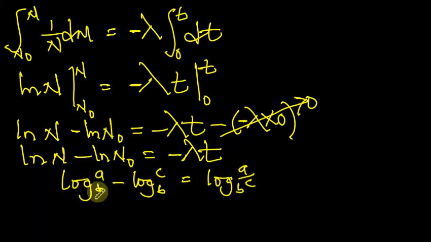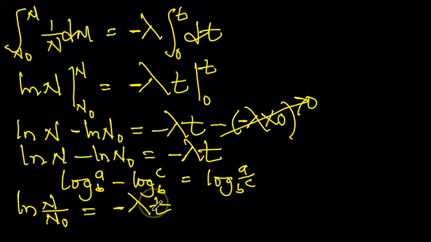So for this we are going to engage with division. So that will give me ln of N over N naught equals minus lambda t. So once we get to this point, all I need to do now is to take the natural log of both sides.